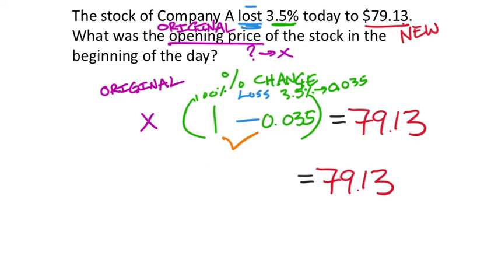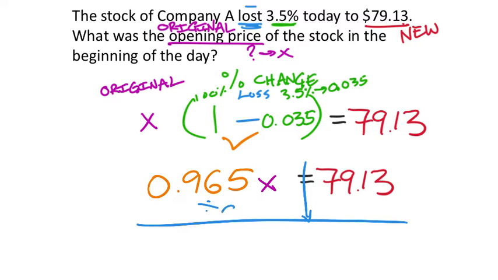Hopefully that's okay. So I'm going to show it instead as 0.965, just so it looks a little bit more familiar, and then multiply that by x, because now I can solve for the original simply by dividing both sides by what I'm going to call a coefficient. So divide by 0.965 on both sides.